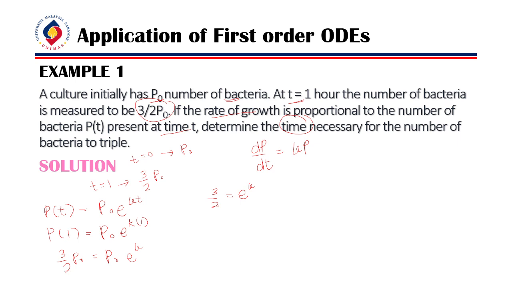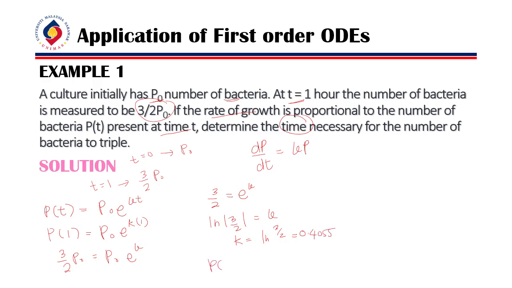Alright, and then what you're going to find next is you do the ln 3 over 2. Here e to the ln k is k. So k is equal to ln 3 over 2, or 0.4055.